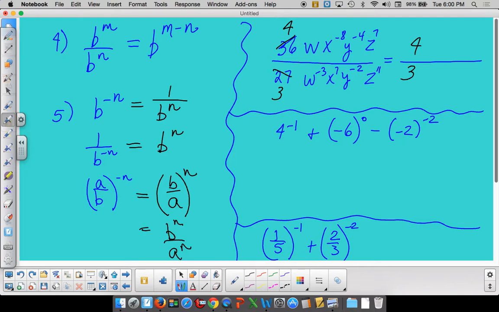Now on our example though, I have a w to the first on top and a w to the negative third on the bottom. Well, since I have that w to the first, I need to move it so I always keep things positive. And rather than going through the whole set of fancy rules of exponents, these are actually much simpler if you simply go, okay, that's a negative 3. I need it to be positive.